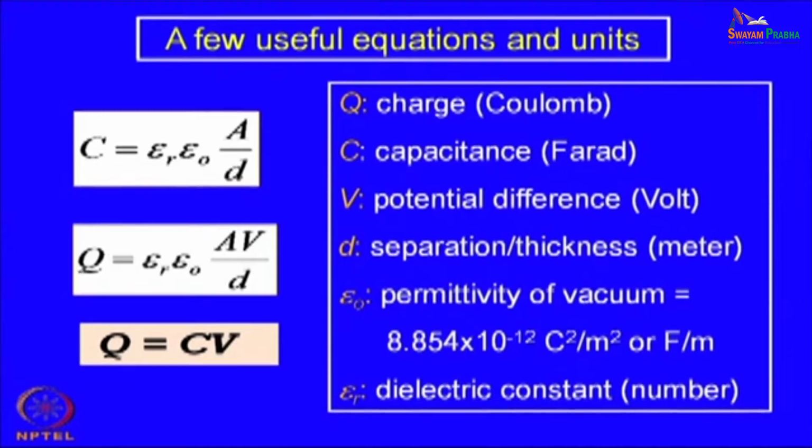Farad per meter is the more common unit which is used, and epsilon r, the dielectric constant, is a relative number and does not have any unit.